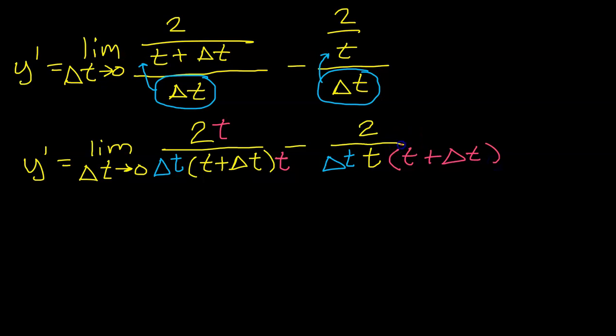And again, that's only okay if I do it in the numerator as well. So t plus delta t in the numerator too. Now all of the denominators are the same, so I can combine these into one big fraction, keeping the common denominator.